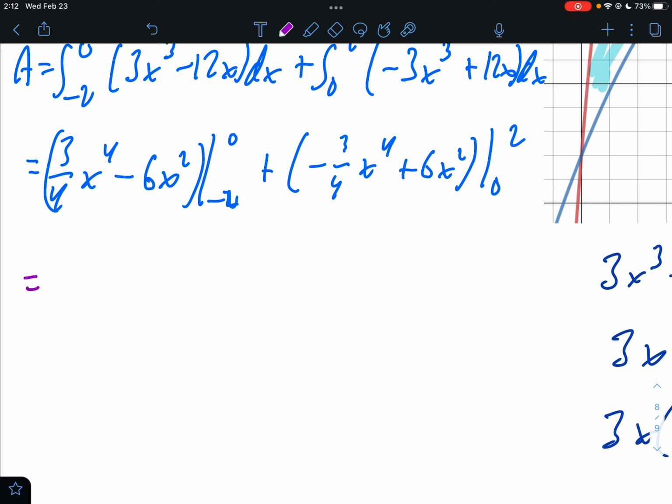Putting in 0 would get us 0 minus, putting in negative 2 to the 4th would be 16. 16 over 4 is 4, so that'd be 12. And then minus 6 times 4, so minus 24.